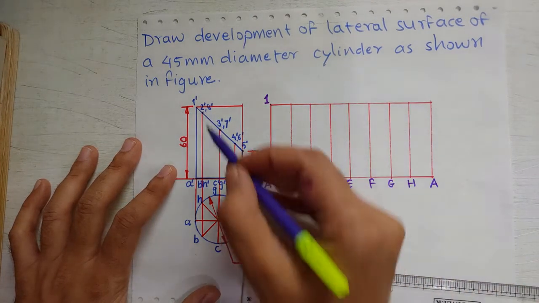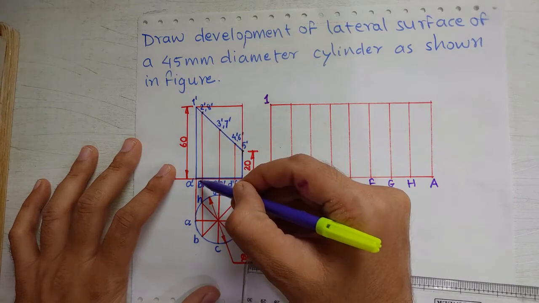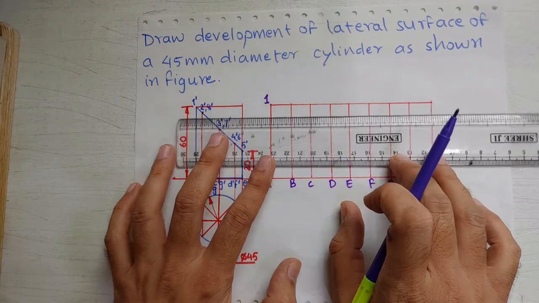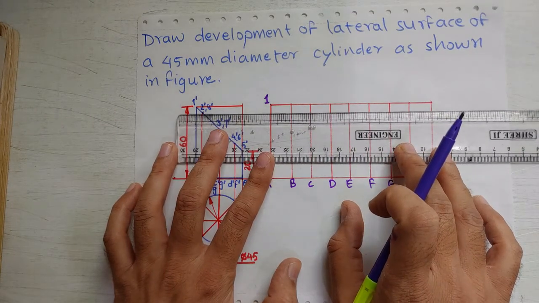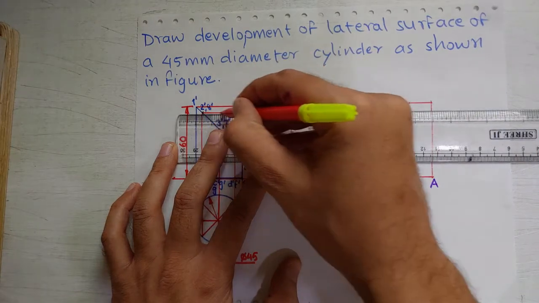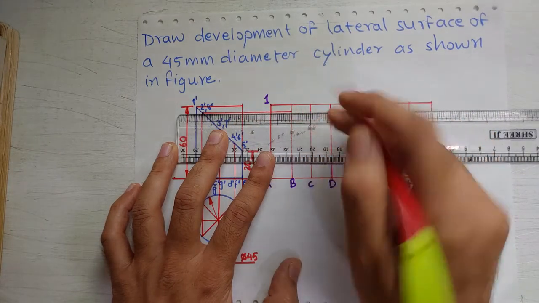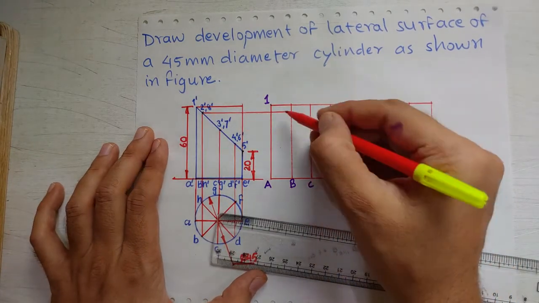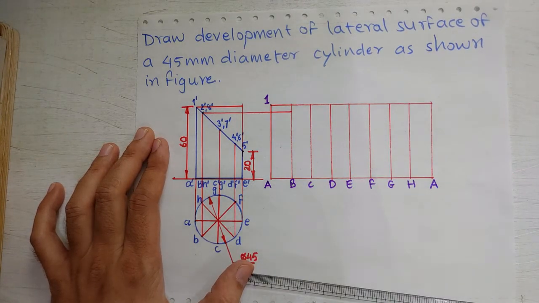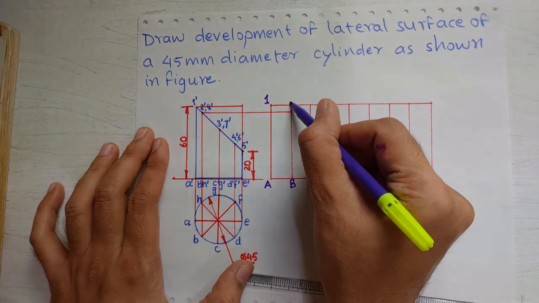Now point number 2 is on generator B, so I will take projection from this point on generator B over here. See, this is generator B, right? That gives me point number 2.